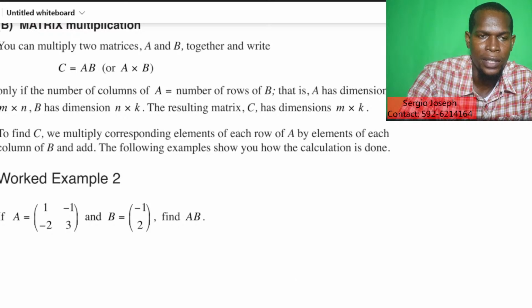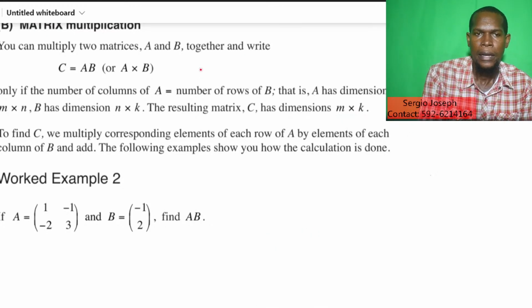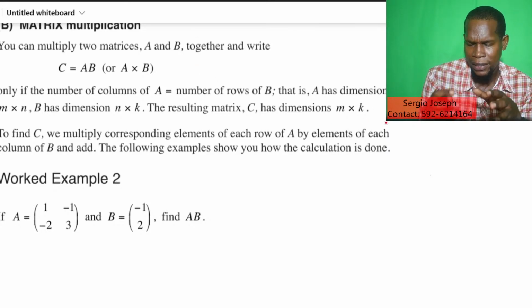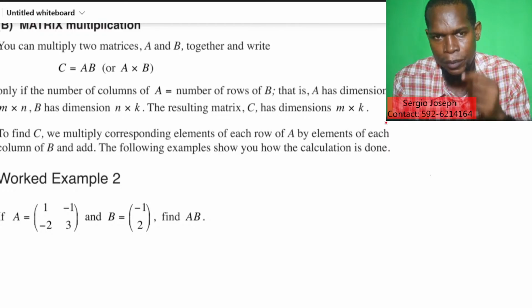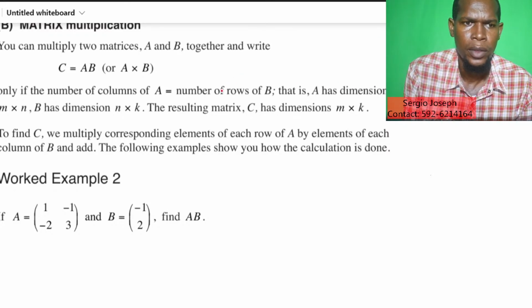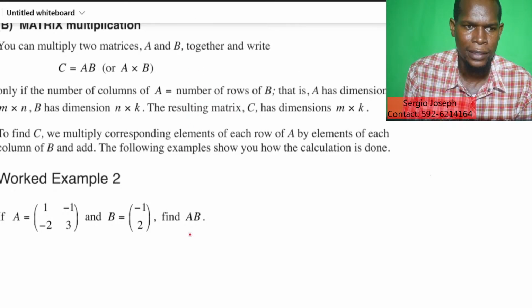Couple things to know, students. You can multiply two matrices under a certain condition. And the condition is very important for you to take note.